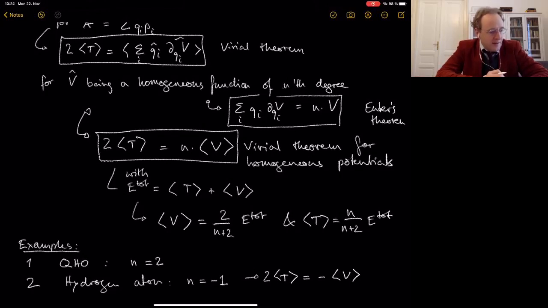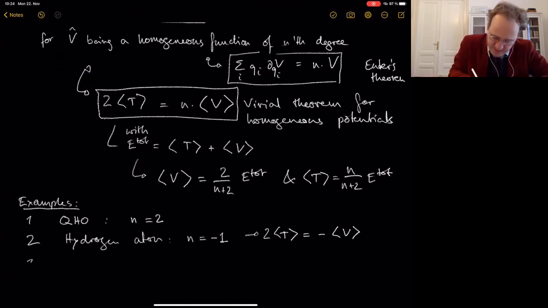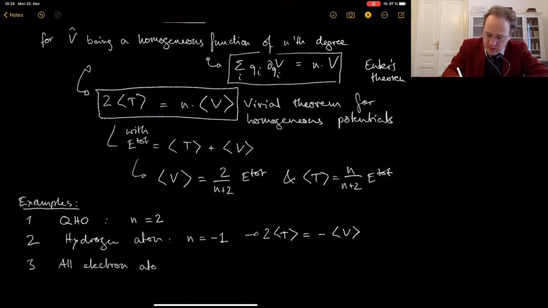So we discussed the hydrogen atom, and I'd like to give now as a third example the all-electron atom. Okay. So that is any nuclear charge, and it's for the neutral case, right?